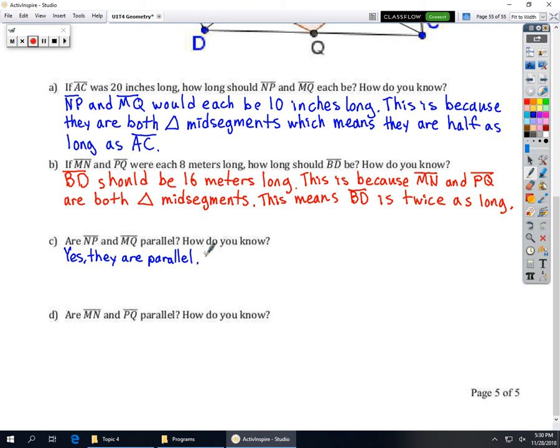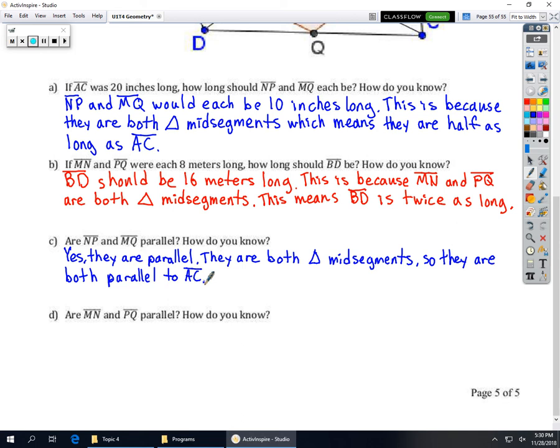So they are both mid-segments. And they're triangle mid-segments. There's no such thing as a mid-segment of another line, I don't think. They're both triangle mid-segments, so they are both parallel to AC, which is the long side in the middle.